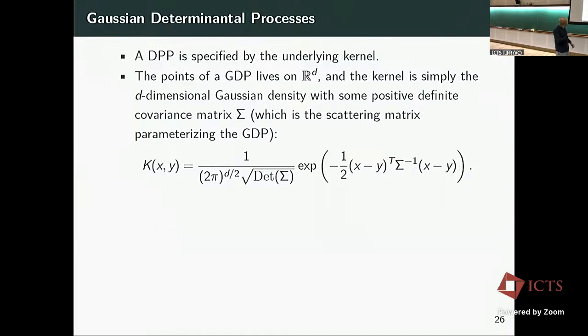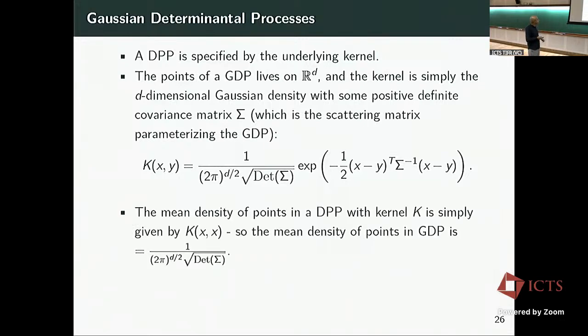So we call this sigma the scattering matrix, and this sigma is the parameter. The mean density of points is just K(x,x). And notice that by construction, this is a point process that will live on D-dimensional Euclidean space, and notice that K(x,y) is actually a function of x minus y.